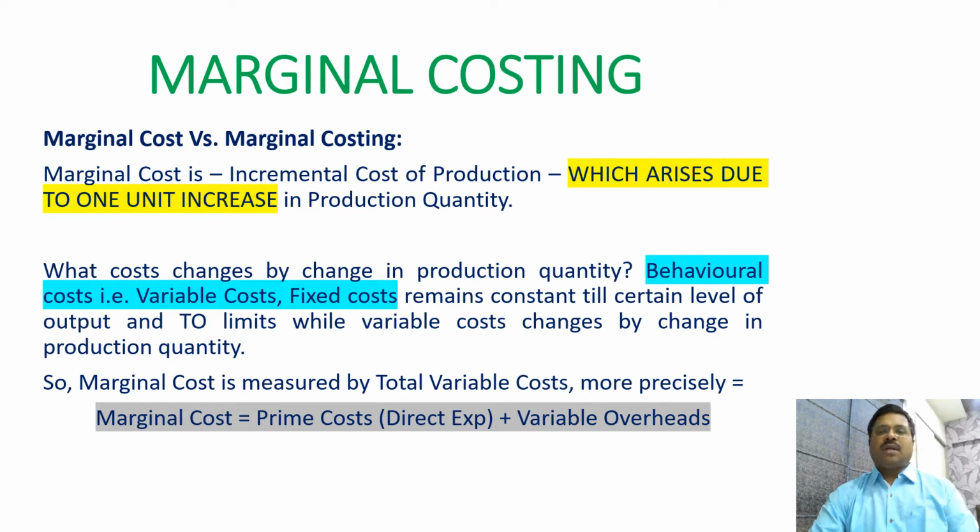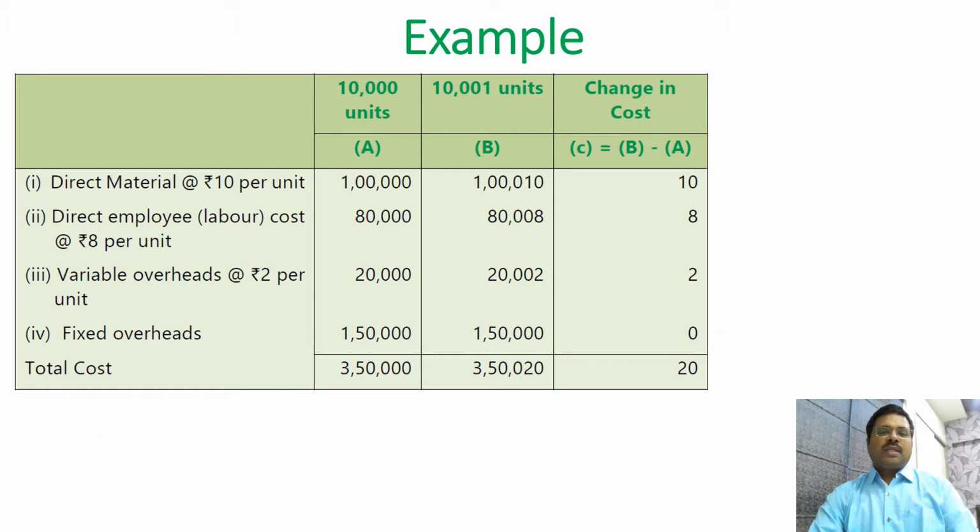Okay, marginal cost I will explain with an example for more understanding. In the given example, we have made a comparison of two levels of production quantity. One is 10,000 units, another one is 10,001 units. Direct material per unit remains the same because it is variable in nature.